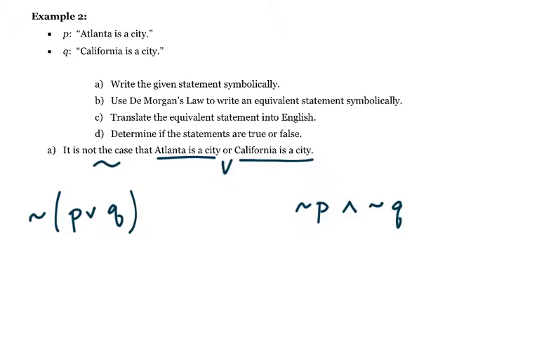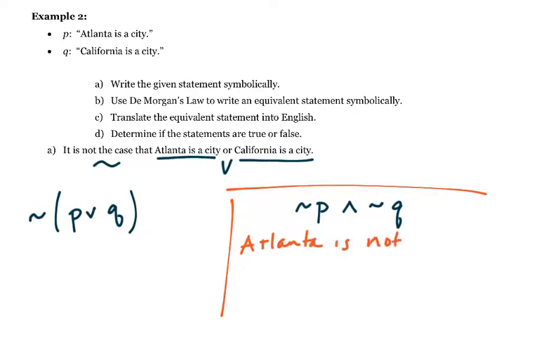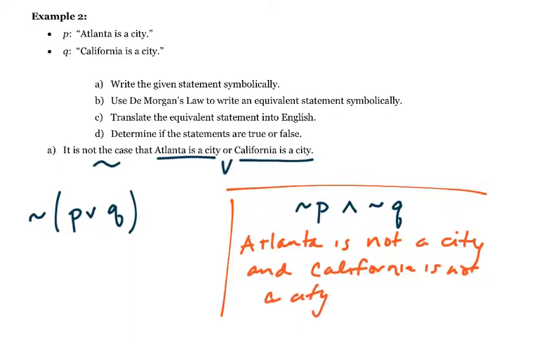So let's write this out in words. For the second part over here, that would be Atlanta is not a city, and California is not a city. Okay, so let's determine if these statements are true or false. What about, it is not the case that Atlanta is a city or California is a city?